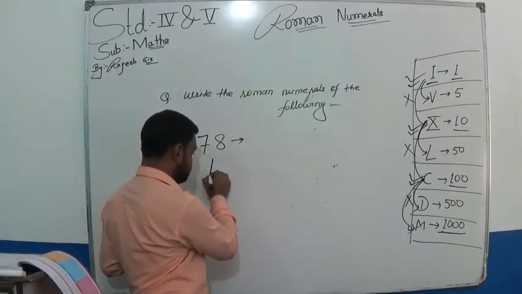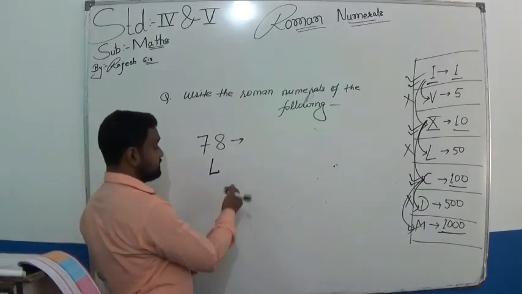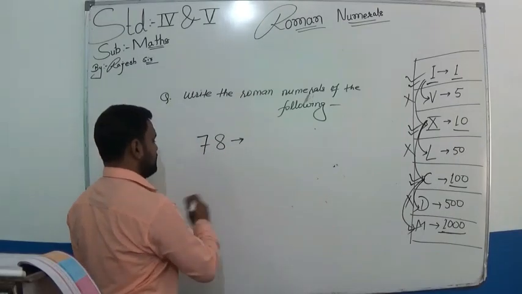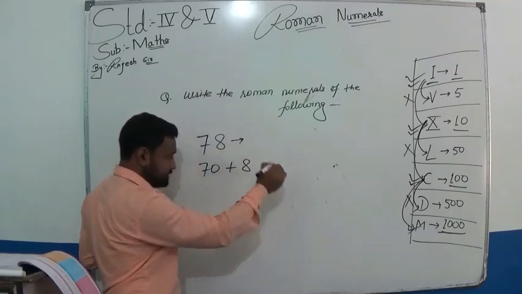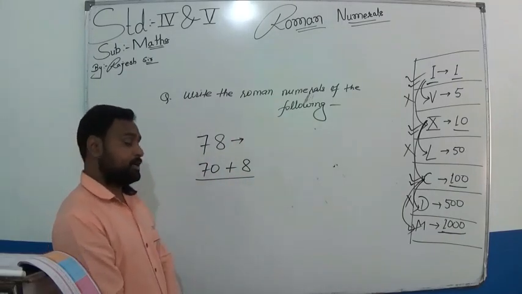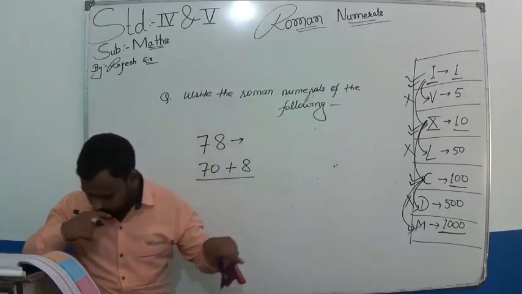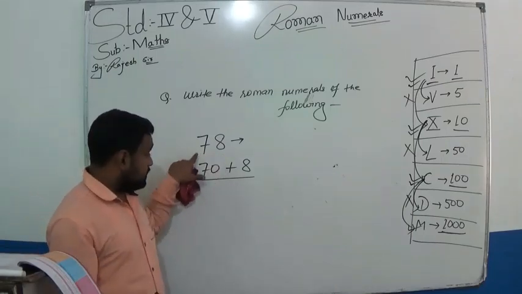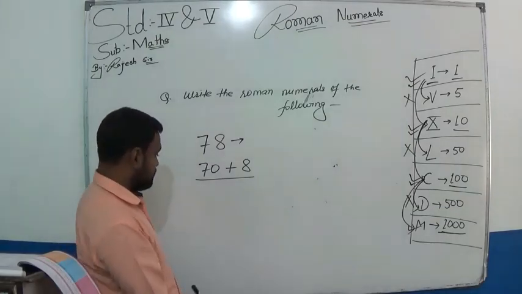L plus 70. For writing better, you have to do it like this: 70 plus 8. You have to write this in expanded form. Easily solving this, you have to write 78 in expanded form. How will you write 70?